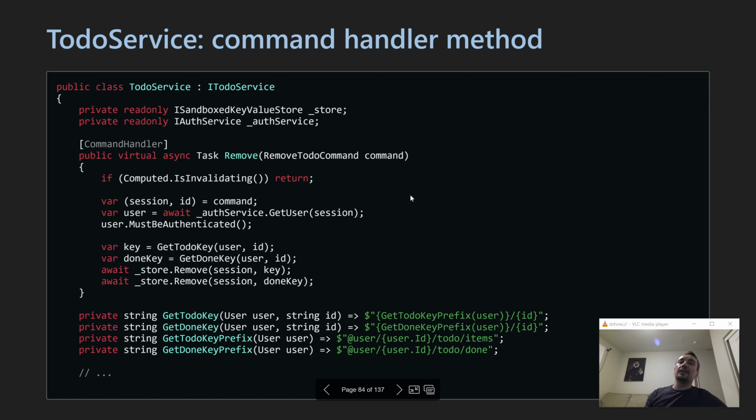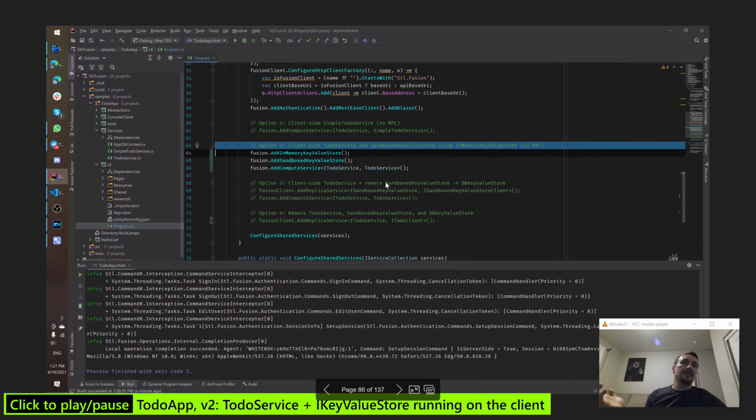So now I guess the question is, will it work, right? And you see that in this case I enabled option 2. So previously we were using, let me quickly clarify what's going on here. This is the Program.cs of the UI project. The UI project is what runs in Blazor, right?